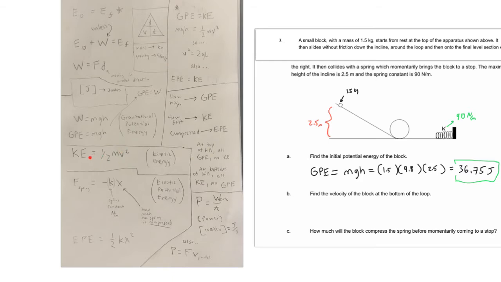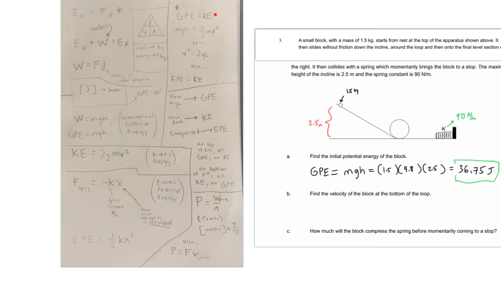However, I'm going to try a different approach this time, because up here we do have some ways of making our lives easier. So for example, right here it literally says gravitational potential energy equals kinetic energy. I mean, ultimately that's really what we're dealing with, right? And we already found the GPE, it's this, and we want to know the velocity. So we could take advantage of the fact that GPE equals KE.